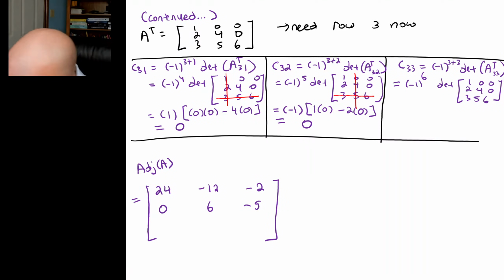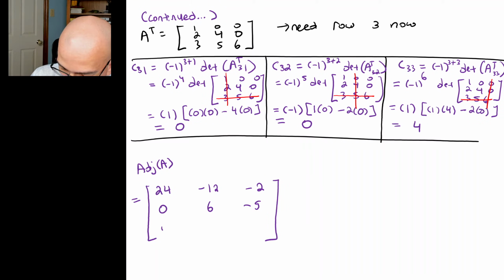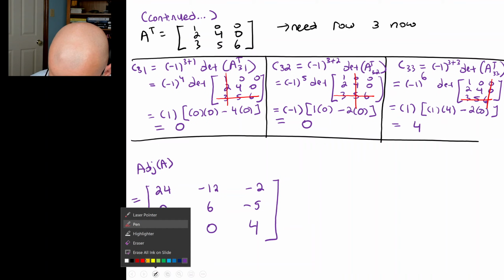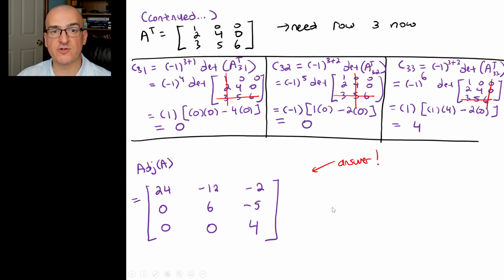So we're going to cross out row 3, cross out column 3. And we have positive 1 times the down product, 1 times 4, minus the up product, 2 times 0. So we just get 4. So put those numbers down here, 0, 0, 4. That'll be our adjoint. Okay, and so that's how to calculate adjoints. In the next video, we'll do something with these adjoints.